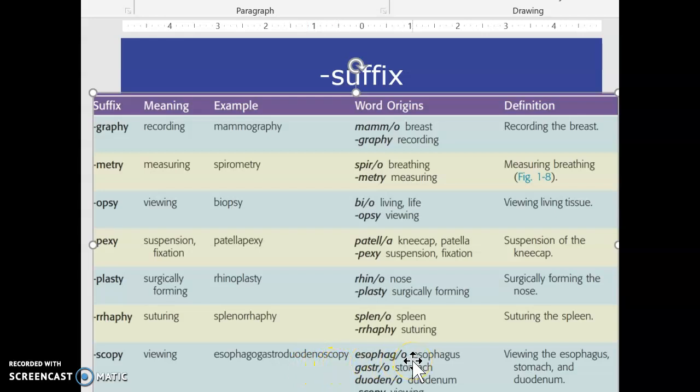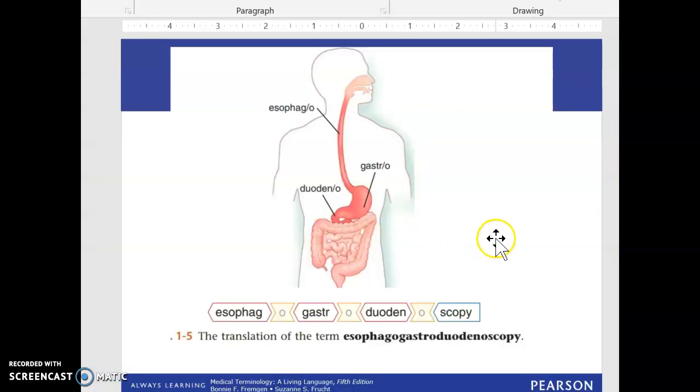Esophagogastroduodenoscopy means you are putting a scope through the esophagus, into the stomach, into the duodenum, and viewing the esophagus and all those organs. Another picture I can show you is this. Do you see how when you put an endoscope into the mouth, you go to the esophagus, gastro, which is the stomach, duodenal, which is the duodenum.